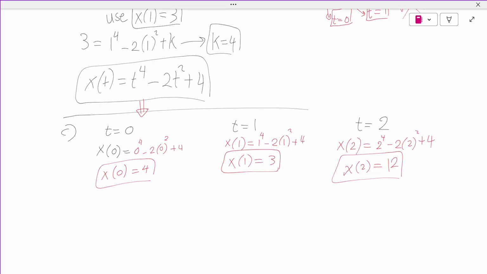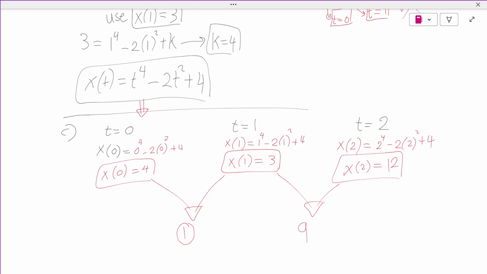So what happens here? From 0 to 1, the total distance the particle moved is 1, right? And between 1 and 2, at t equals 1, the particle is at 3. At t equals 2, the particle is at 12. The difference between them would be 9, right?